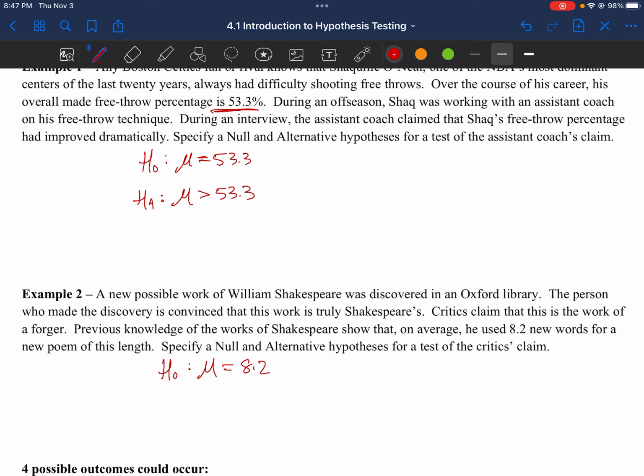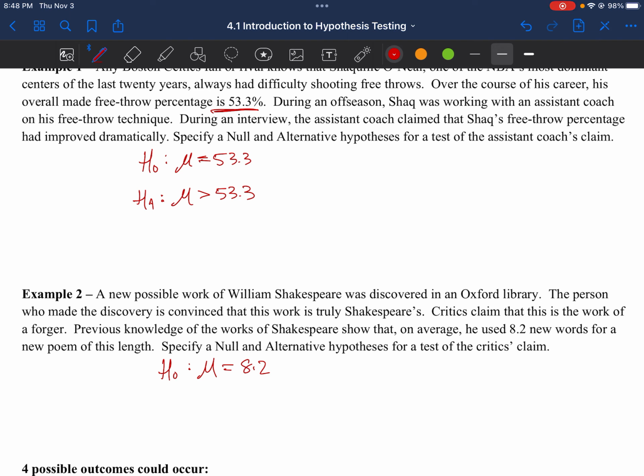Now, if the actual new words for this new poem are more or less than that, does that mean it wasn't Shakespeare? No, because Shakespeare himself is human and is variable and complex. And so it's possible that the number of new words in this poem are more than they normally were, or they're less than they normally were.